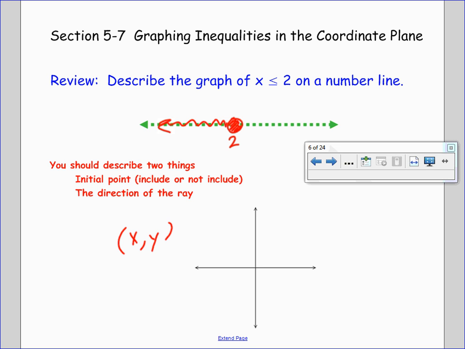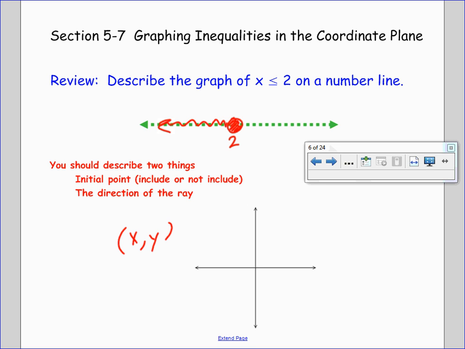So consider the graph. We also need to determine whether or not we're going to include or exclude the boundary, not point, but now boundary line. If we're going to shade to the right or to the left of this boundary line, and so on and so forth. In general, if I'm graphing this linear inequality, x is less than or equal to 2 now in 2 variables, I'm making a picture on an xy coordinate plane with my set of axes. I know that any point whose x-coordinate is less than or equal to 2 is going to satisfy that linear inequality.